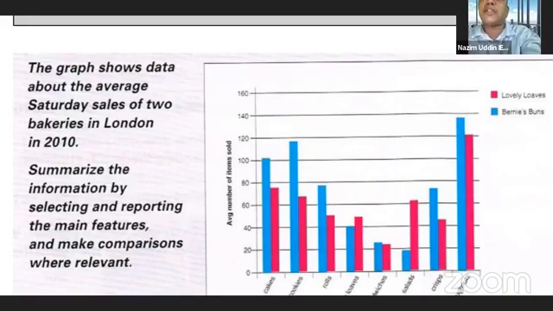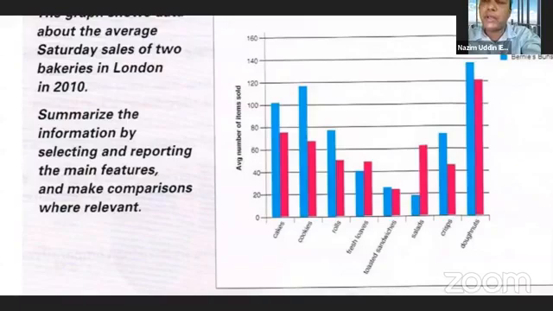Paragraph 1 should be the introduction. Paragraph 2 should be the overview. Paragraph 3 is a body paragraph. In the body paragraph, we can make a classification. We can write in the body what numbers of items have been sold.